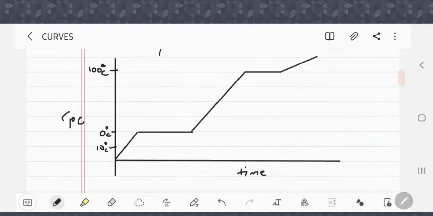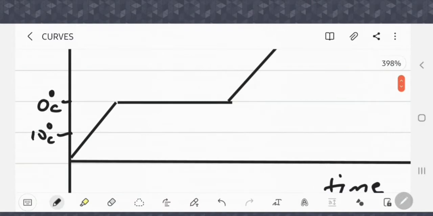For example, at -10 centigrade, our water is ice, or in a solid state. At 0 centigrade, at this temperature, it will turn into a liquid, and the temperature will be constant.